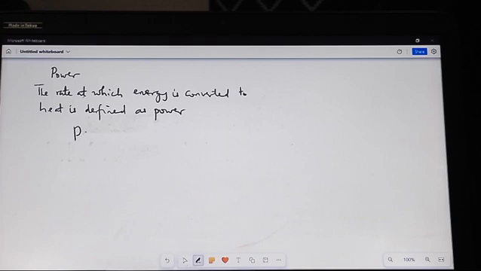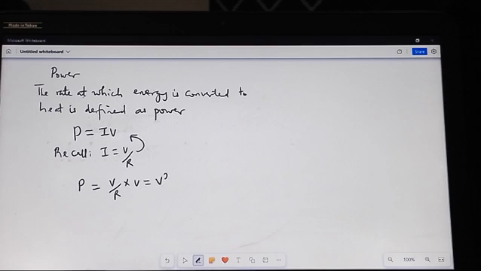Mathematically, we can say power is equal to IV. There are other variants. Just recall that I is what? V over R. Replace it into that equation so that P will be equal to V over R times V. That equals V squared over R. Or we can also say that V is equal to IR. If V is IR, then P will be equal to I into IR, which is equal to what? I squared R.